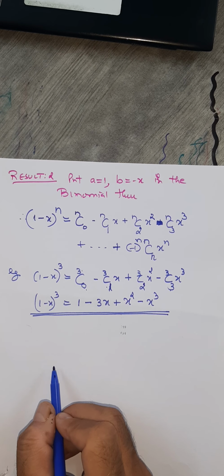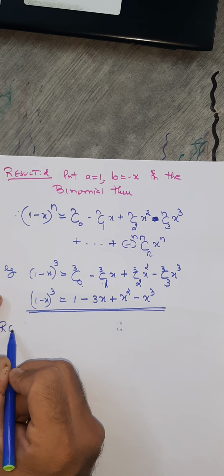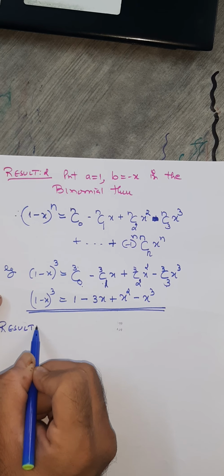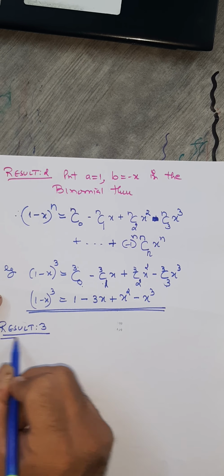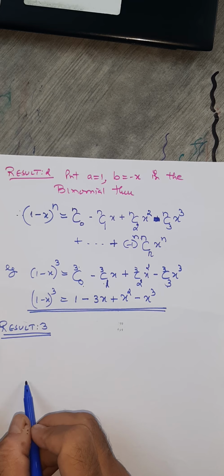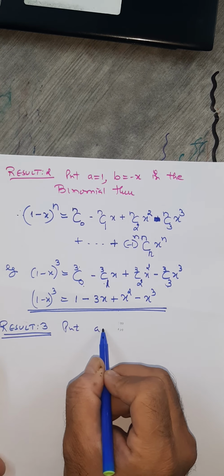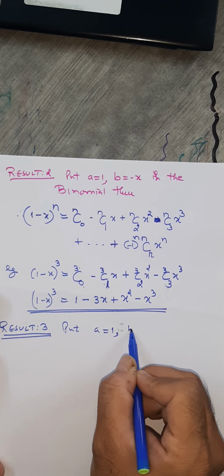Fine. Okay. Now one more result here. So result number 3. Third result. Let me write the third result. What we are going to do is, in the binomial theorem, we just put a equals to 1 and b equals to 1.